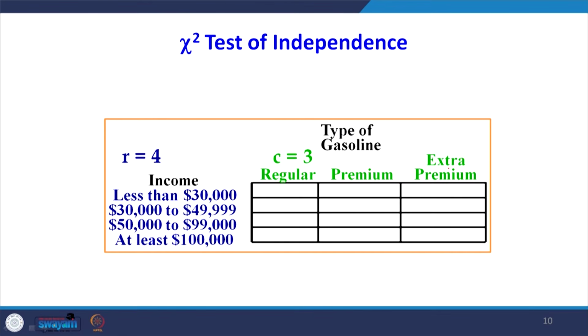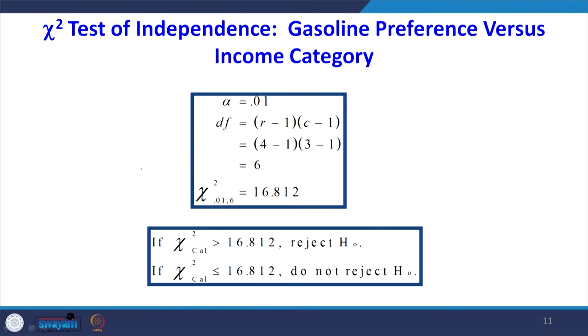Generally, there is an assumption that whenever the income level increases, people may go for good quality fuel. So there is a dependency, that is our assumption. There may be a dependency between their level of income and the type of fuel they use. Here there are 4 rows, 1, 2, 3, 4, and 3 columns. So R equals 4, C equals 3.